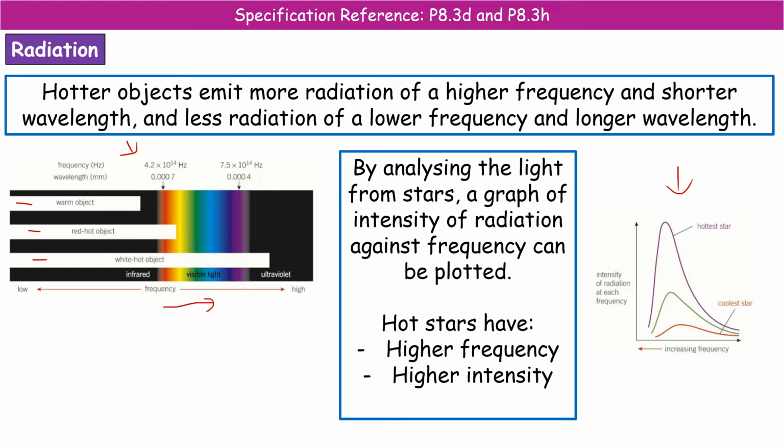Because we've got that high peak on that high frequency, we know it is a hotter object than, say, the red line, because that only has a very low peak in terms of the high frequencies there. So just by looking at what radiation is being emitted by those stars in far-flung reaches of the universe, we can actually work out the approximate temperatures of them, because those hot stars have higher frequencies at higher intensities.